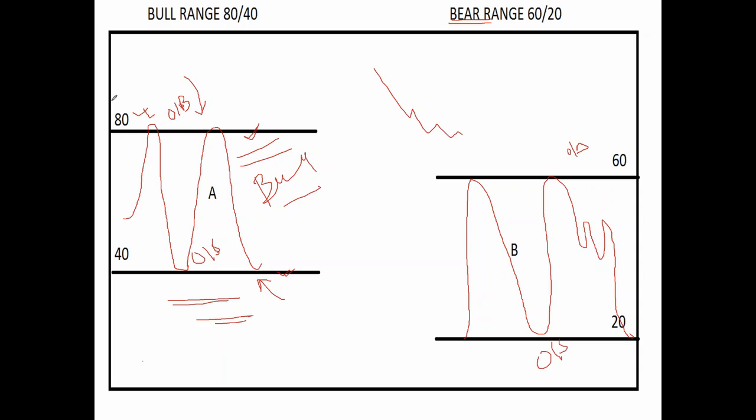So there is a shift in the character of the RSI. RSI changes its character with the markets. The traditional oversold and overbought levels of 70-30 change to 80-40 in a bull market and 60-20 in a bear market.